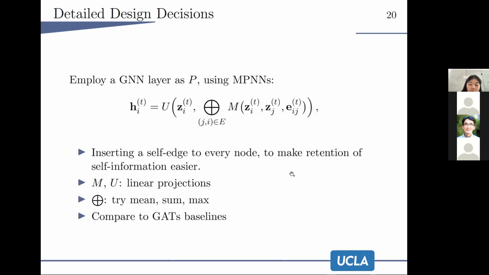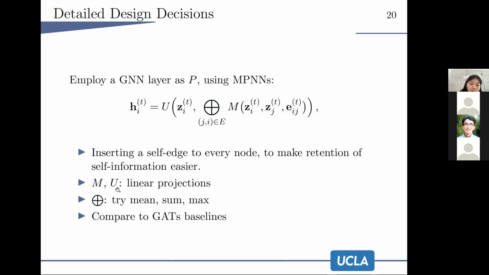And finally, what they are using for the component of P is a message passing neural network. Some details also include that they insert a self edge to every node to make it aware of its own information. And for M and U, once again, their design principle, I guess, is to get rid of complex decisions' influence.